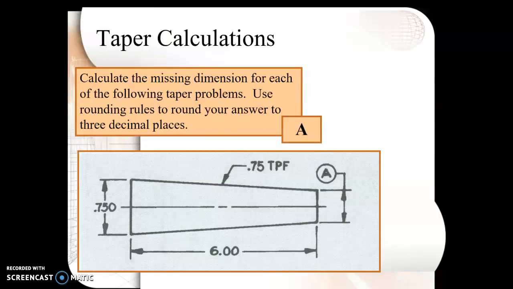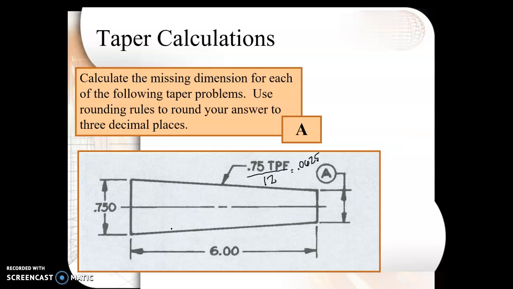Okay, let's again practice our taper dimensions. If we know the large end of this taper is 0.750 and it has a 0.75 TPF, what is the small size? So we would take this 0.75 and divide it by 12 to get the TPI, and that would be 0.0625.